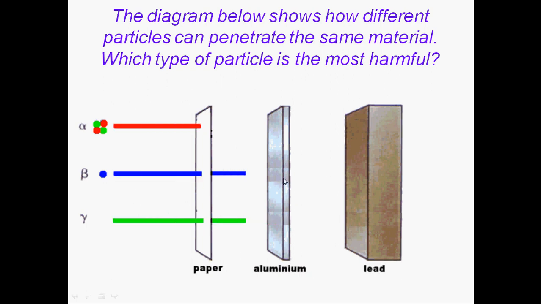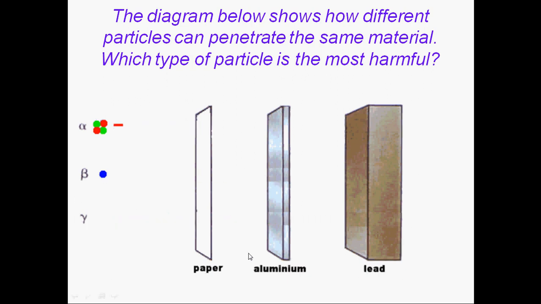But basically, once you've got a couple inches of aluminum or something like that, they'll pretty much be stymied as well. They also tend to die off within a few feet of their source, just because they'll get captured by something else along the way. So beta particles, also not that scary.